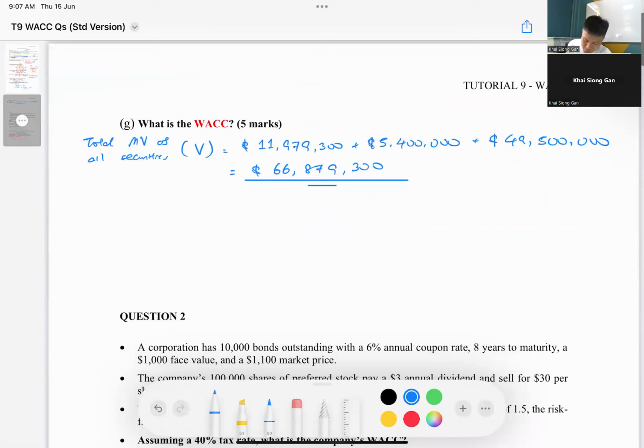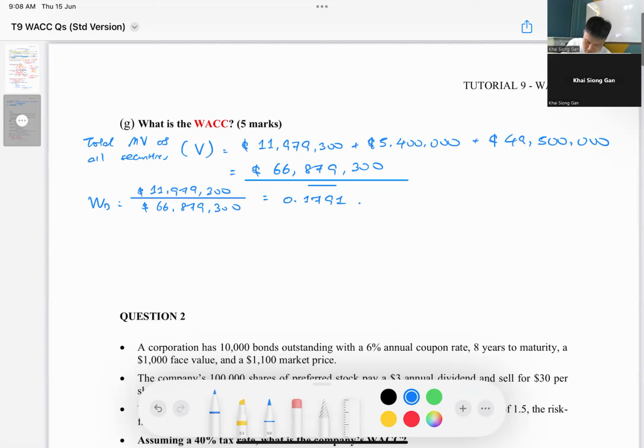Then I want to calculate the weightage. First, the weightage of the debts: I use the market value of debts divided by the total market value, so it is 11,979,300 divided by 66,879,300. The numbers are very big, so you have to key them into the calculator. There's the weightage for that.